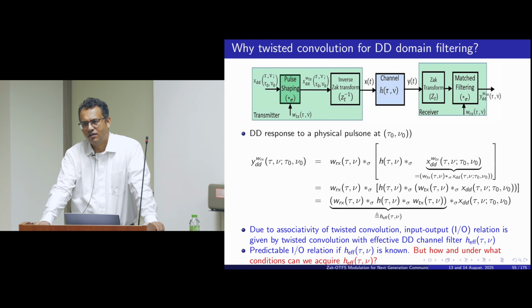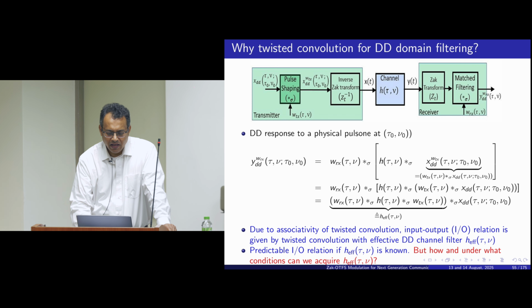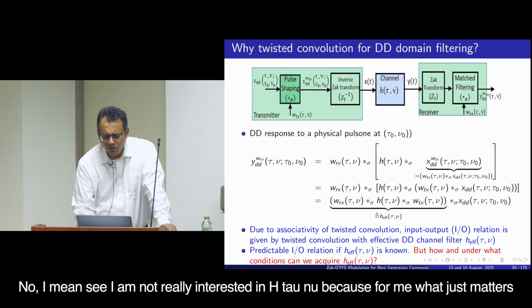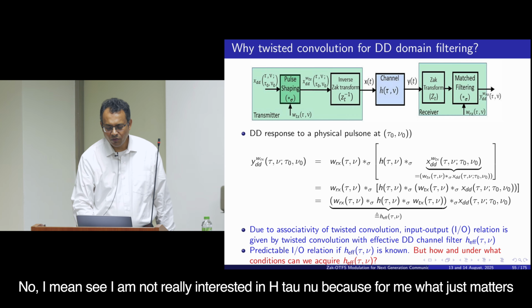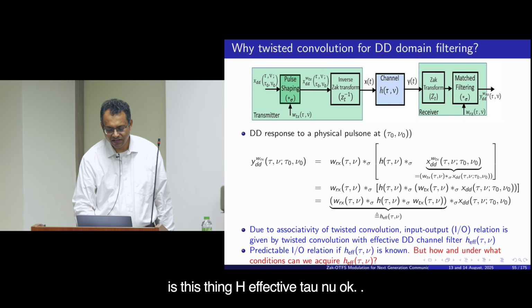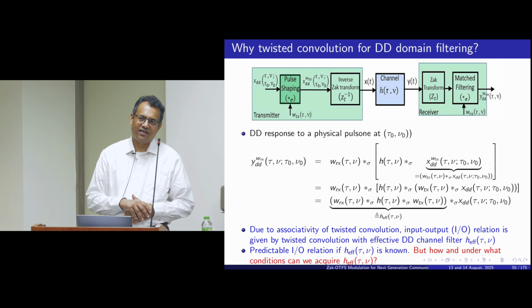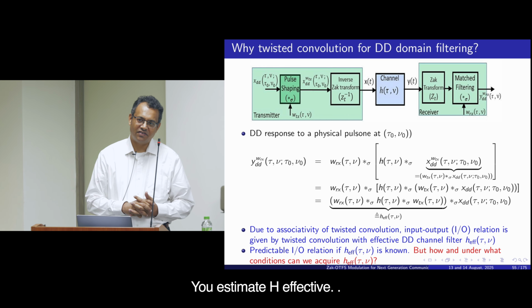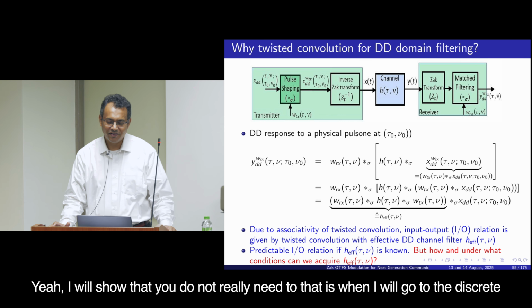So you are going to find some condition under which you can have no, I mean see, I am not really interested in H tau nu. Yes. Because for me what just matters is this thing, H effective tau nu. Okay. But you still need to estimate H effective. Yeah, I'll show that. You don't really need to.